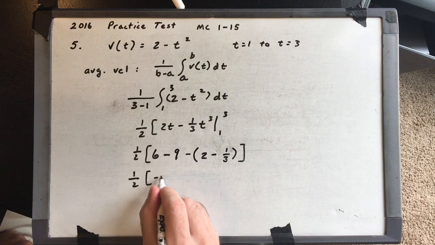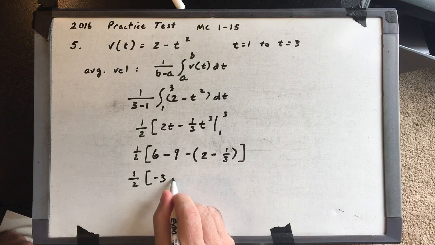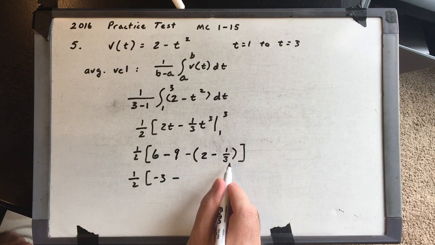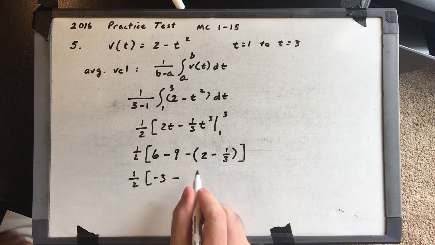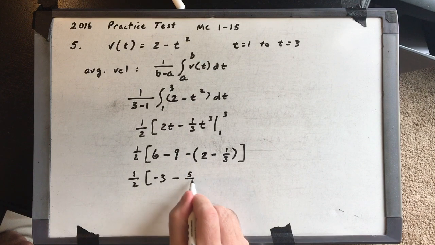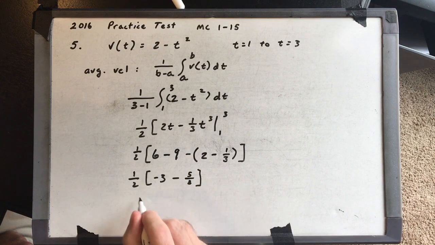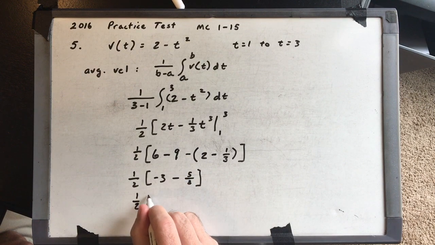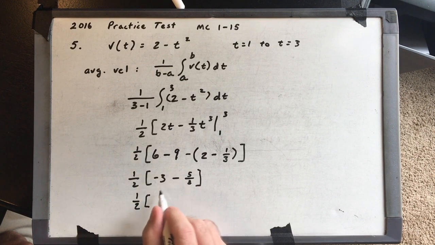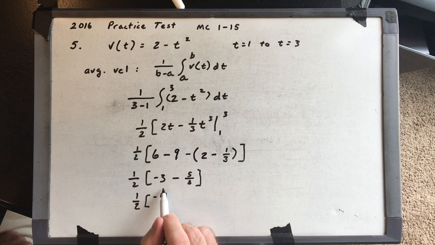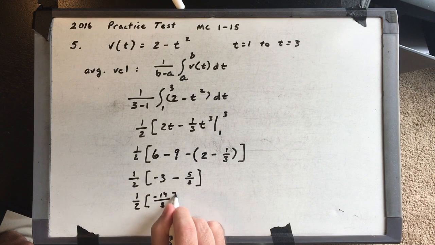So that's going to be -3 minus 6/3 minus 5/3. So that's 1/2 times negative 14, because that'd be 9/3, right? Negative 9/3, so negative 14/3.